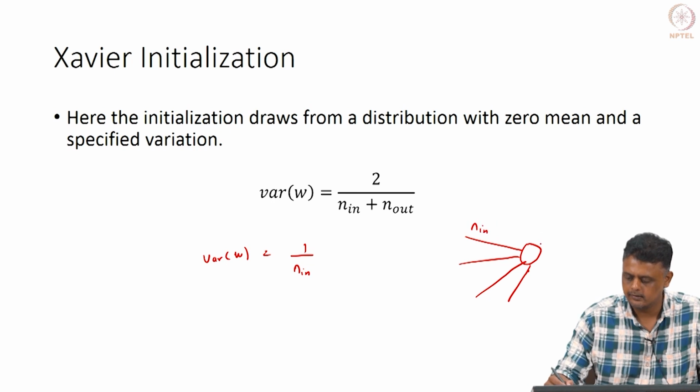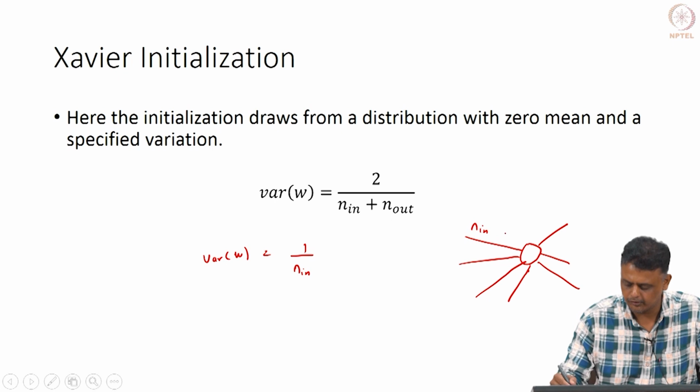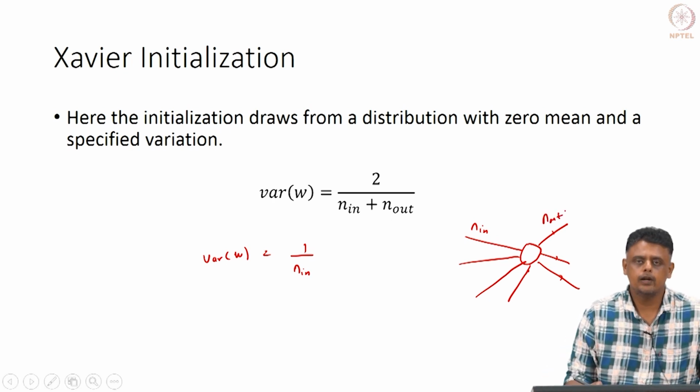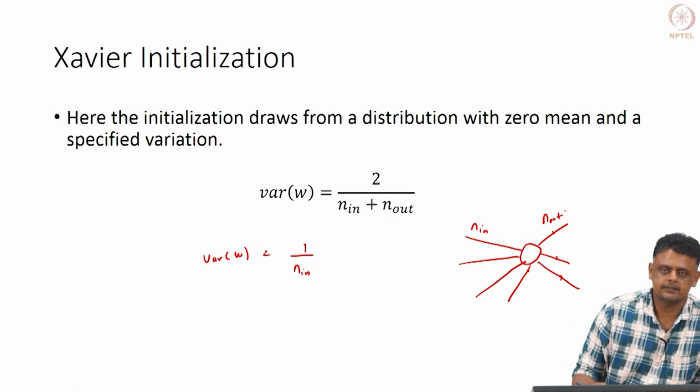Of course, you know the number of weights coming in are from the neurons in the previous layer, and from each neuron you have outputs going to multiple neurons, right. So, this number of outputs here we call n_out. Okay. Now, we have only looked at the forward pass in the previous arguments.